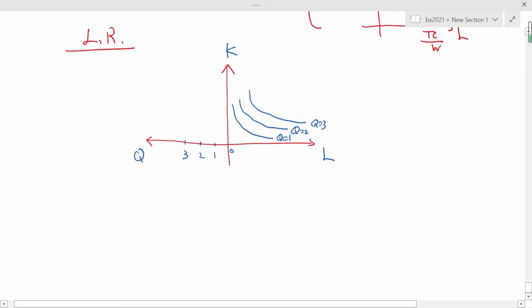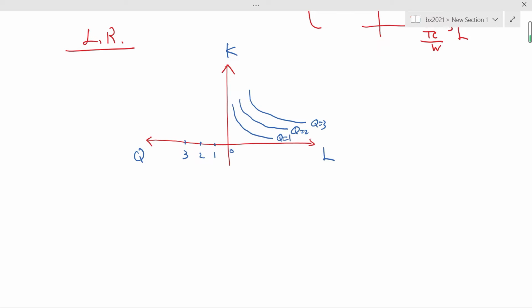Okay, so suppose I want to produce 1 unit of output. Then I need to choose a bundle of capital and labor such that I can produce 1 unit of output, which means this bundle has to be on the isoquant that represents the 1 unit of output.